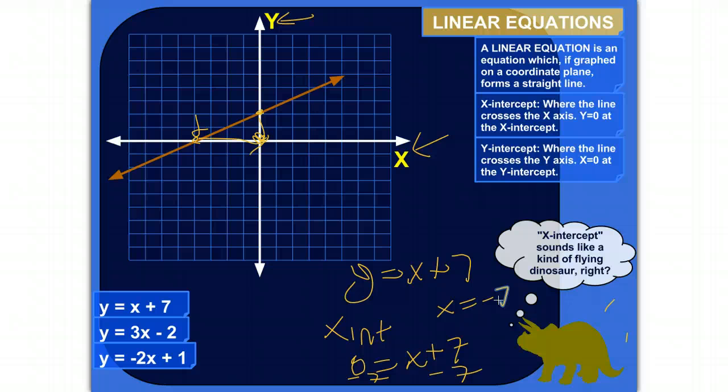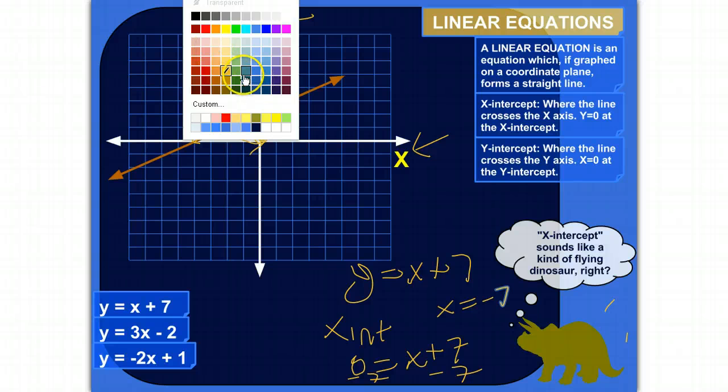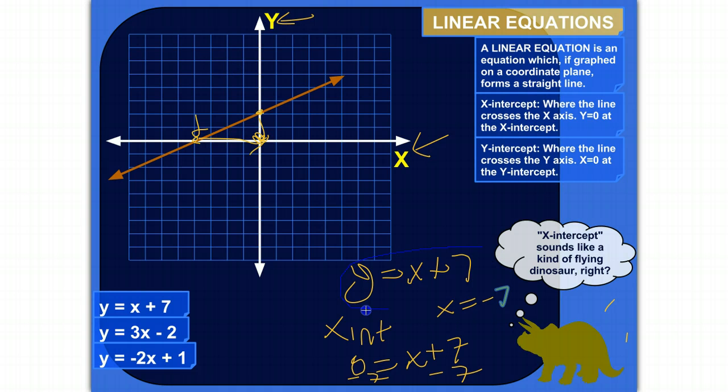Let me switch colors so that we can see this line. Let's do green. Find the point negative 7: 1, 2, 3, 4, 5, 6, 7. That's the x-intercept. Now, what about the y-intercept? At the y-intercept, x is 0. So all we need to do is plug in 0 for x and figure out the value of y.